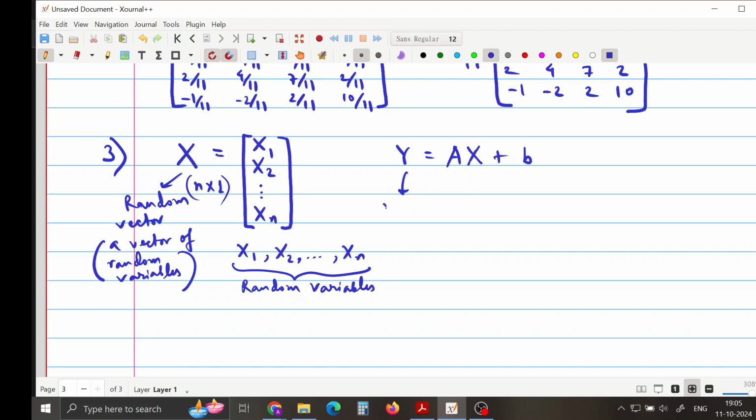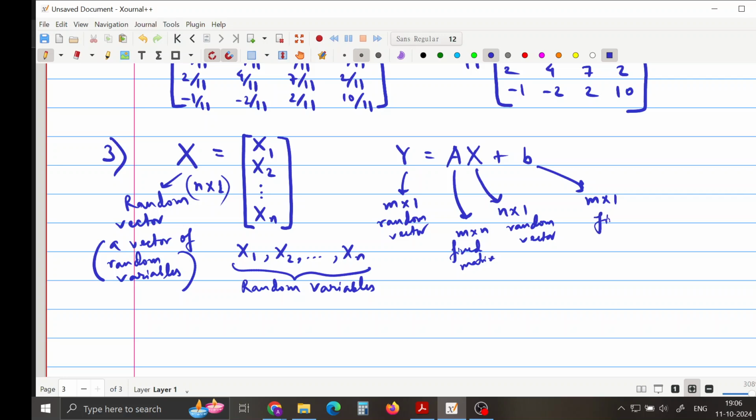So y is an m by 1 random vector, A is an m by n fixed matrix, so it's a constant matrix. X, as we have already written down, is an n cross 1 random vector, and B is another m by 1 fixed vector.